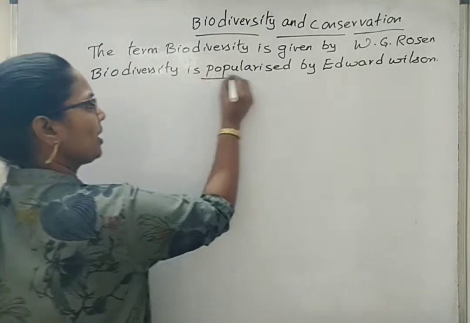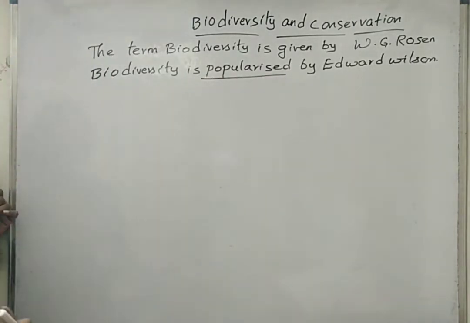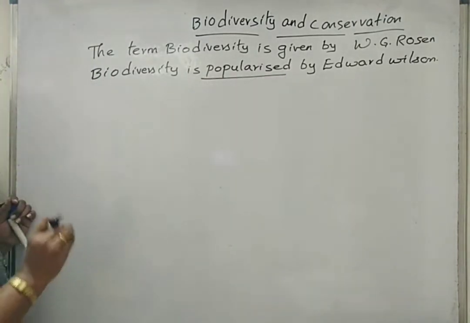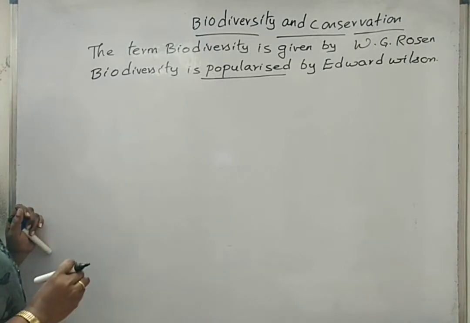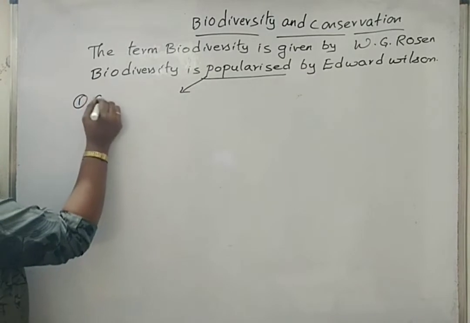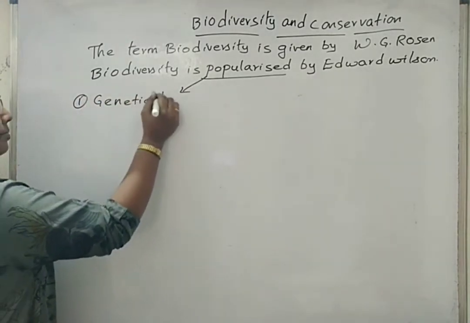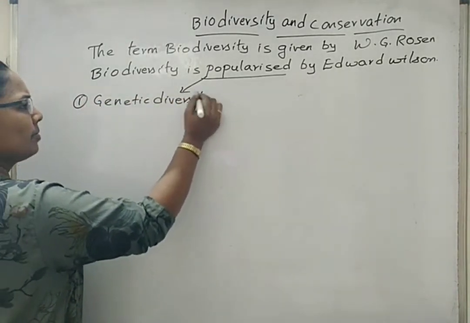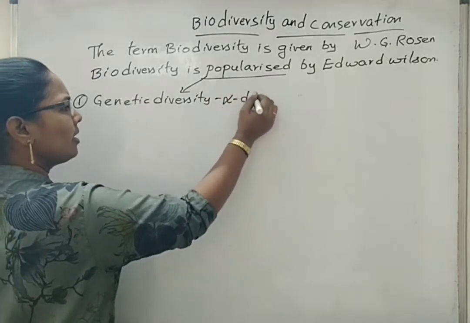How did he popularize biodiversity? By giving explanations of different levels of organizations. Here the levels are different. First one is genetic diversity, which is also called alpha diversity.